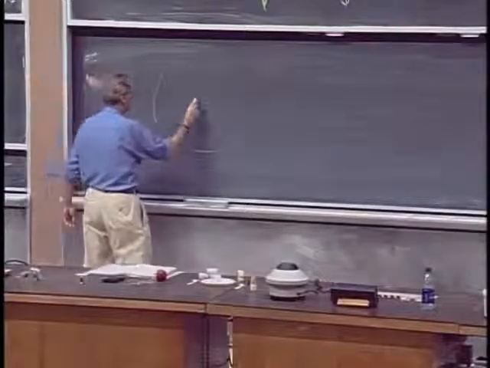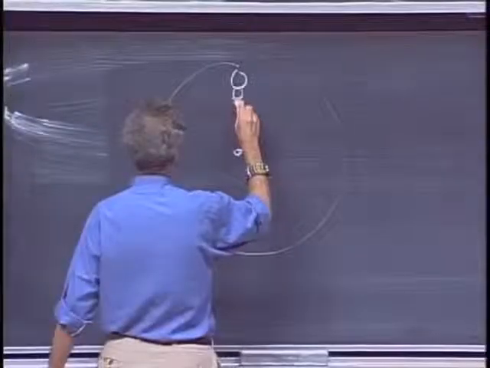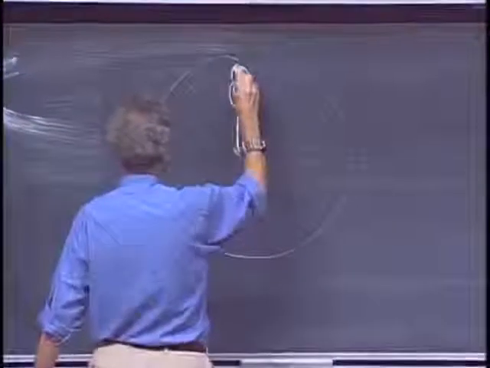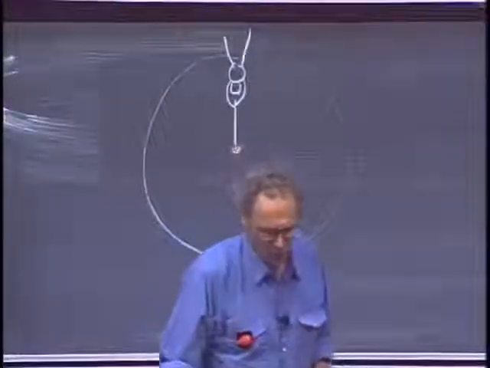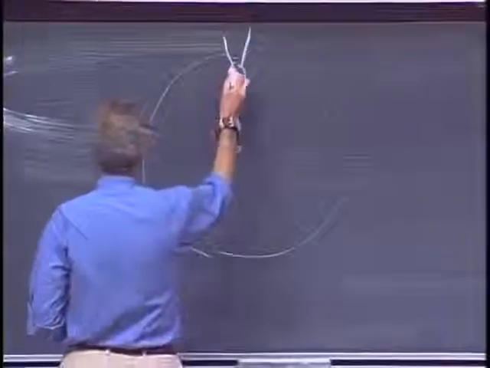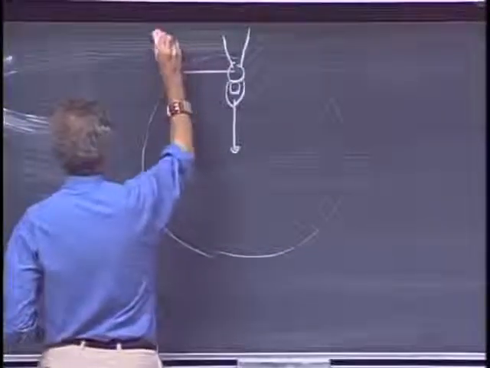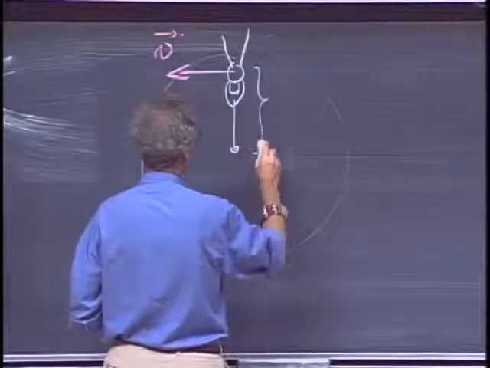This is the circle. There's a string. You're here. Here's the string. And there you are. You have a certain velocity. The velocity is in this direction. And there is a certain distance to the center, r.